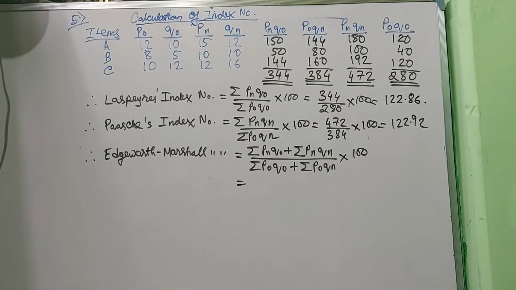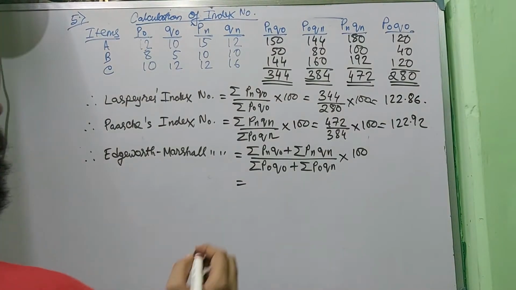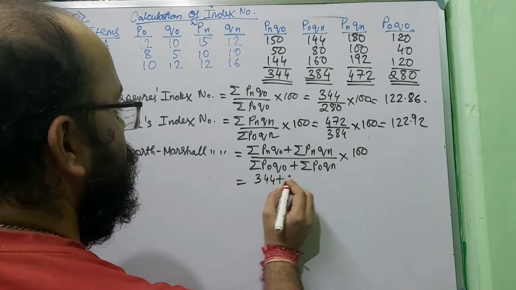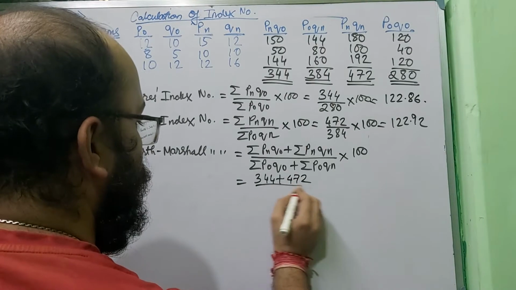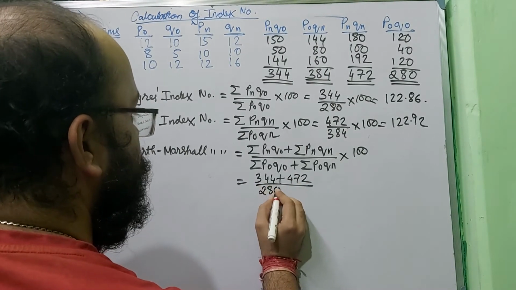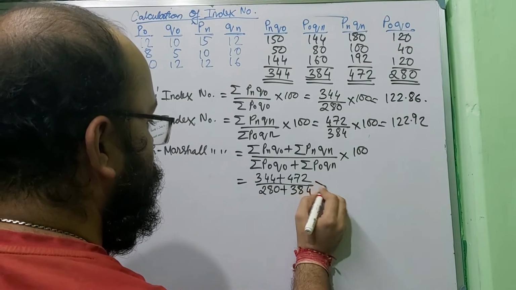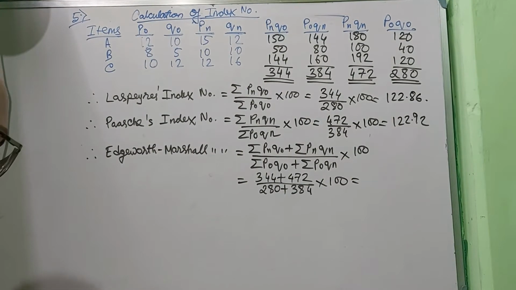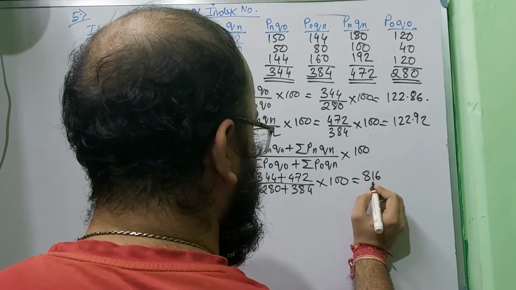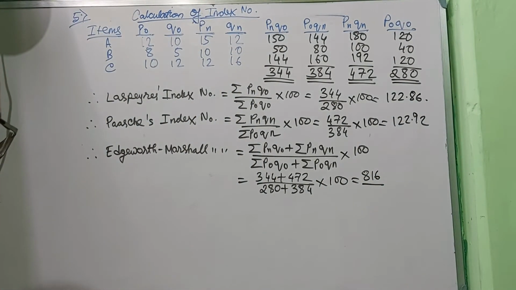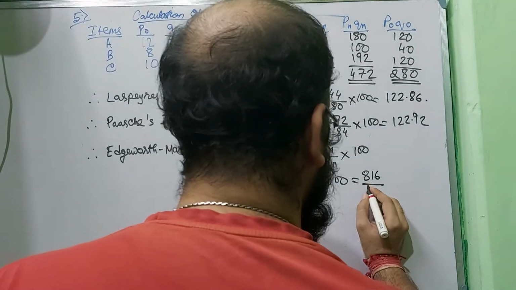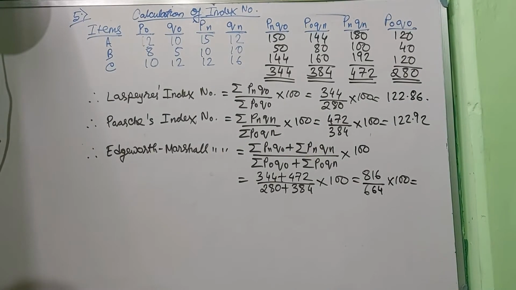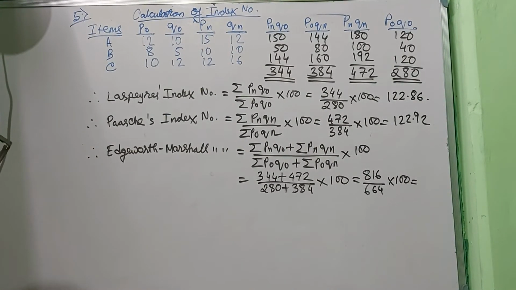That is 344 plus 472, 816, by 280 plus 384, which is 664, into 100. 816 by 664 into 100. It is coming 122.89.